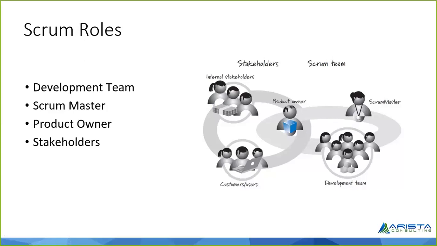Now, of course, since the product owner is the representative of the entire bunch of stakeholders, whatever he says is final. That means he has a dual role to play. He has to coordinate and get everything from the stakeholders, and then pass it on to the development team, get a schedule from the development team, and let the business users or the stakeholders know when the delivery could be possible.